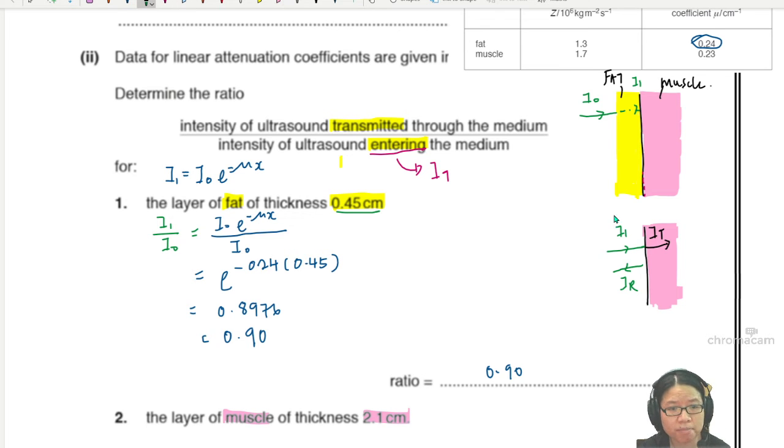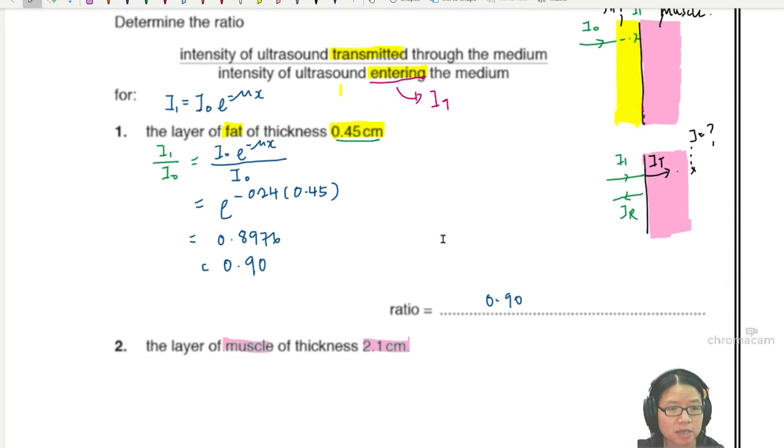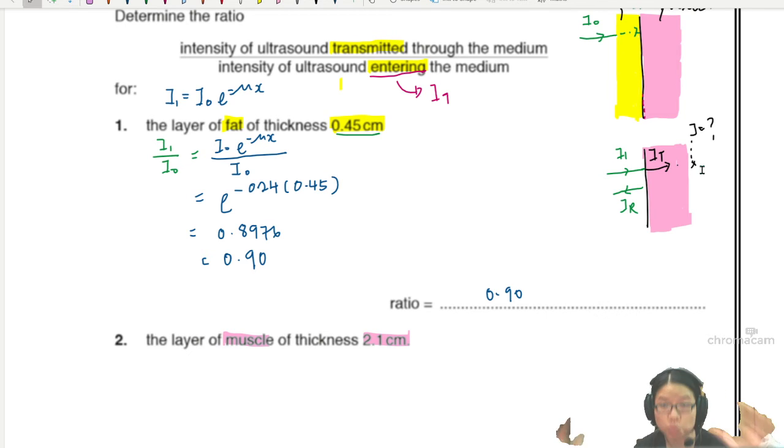And then at the end of my 2.1 cm of muscle, what is this I? Let's say here is the end of your muscle. This situation necessitates the same equation. You're going to use the same thing, but I will differentiate the value of I a bit more clearly because later they want us to bring it all together. So entering is IT, transmitted into the muscle, just like I naught is the one that is entering the fat.